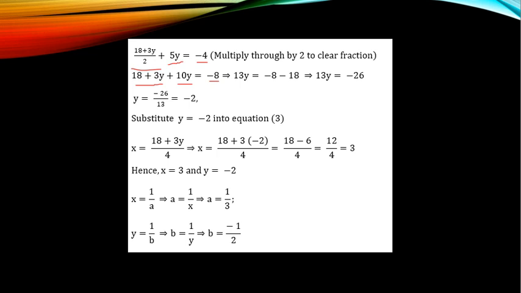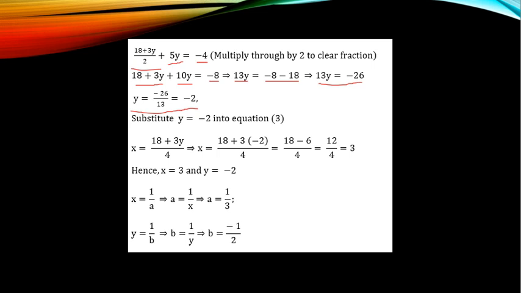If you add the like terms, 3y plus 10y, you have 13y, and transfer plus 18 to the right hand side, you have minus 8 minus 18. So you have 13y equals minus 26. To get y, divide both sides by 13. So y is equal to minus 26 divided by 13, and that is minus 2.